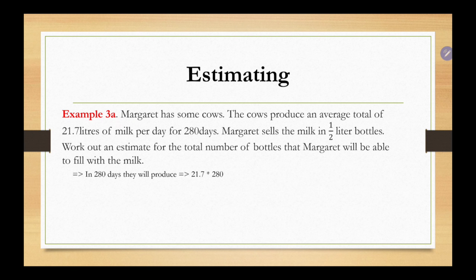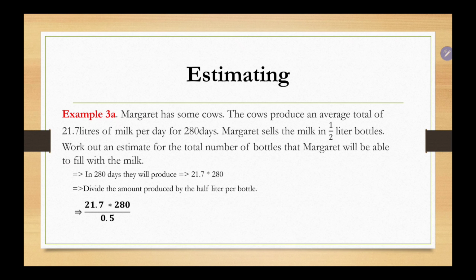Now, she sells the milk out in half-liter bottles. So she takes the total amount of milk produced and divides it up into half-liter bottles. So the next step for us would be to take this amount and divide by 0.5. So this would be 21.7 times 280 divided by 0.5.